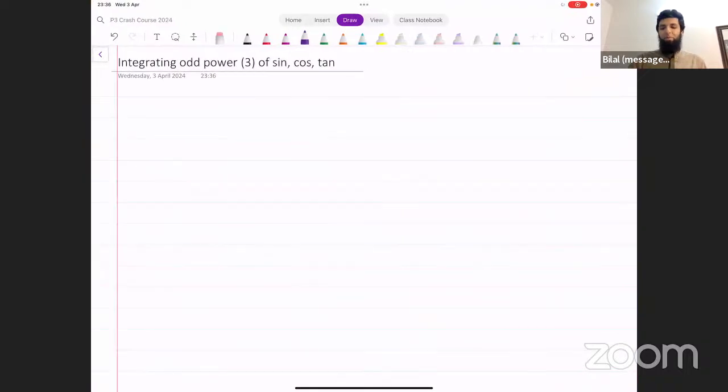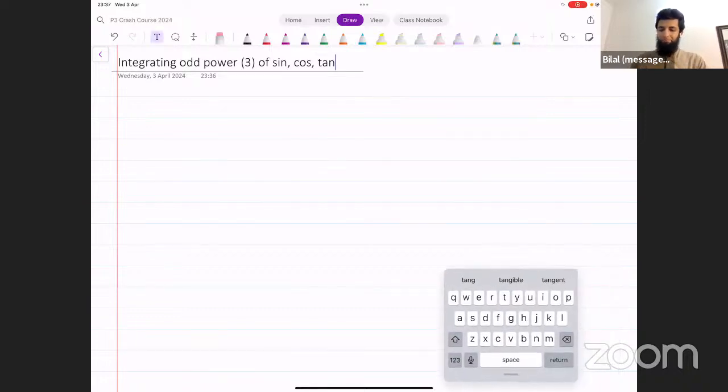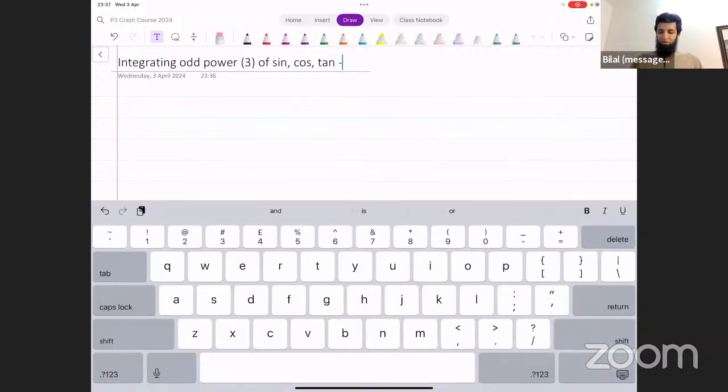Okay. So power 3 of sine, cos, and tan. Now, all of these are basically done using substitution. So sine cube, cos cube, and tan cube, they are all integrated using substitution.